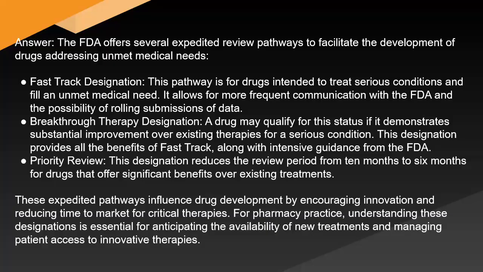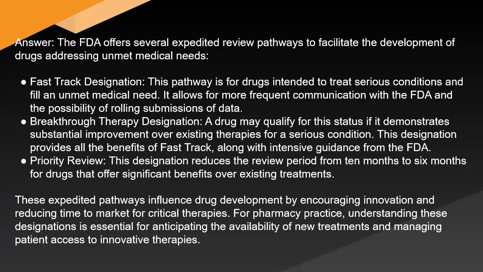It allows for more frequent communication with the FDA and the possibility of rolling submissions of data. Breakthrough therapy designation: a drug may qualify for this status if it demonstrates substantial improvement over existing therapies for a serious condition. This designation provides all the benefits of fast track along with intensive guidance from the FDA.